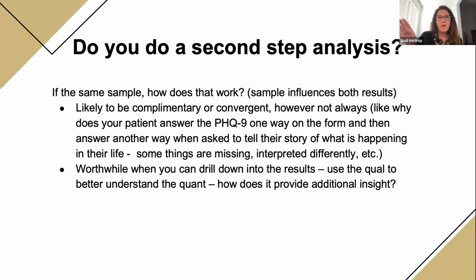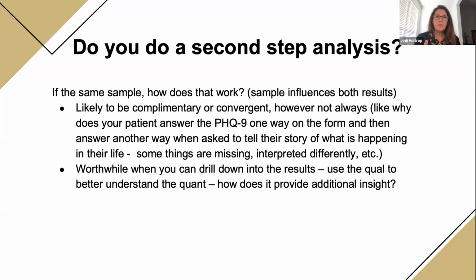If you have the same sample, how does that work? That same sample influences both results, which is good and not good. You're likely to get complementary results if it's the same sample. Basically they're going to say the same thing, but not always.